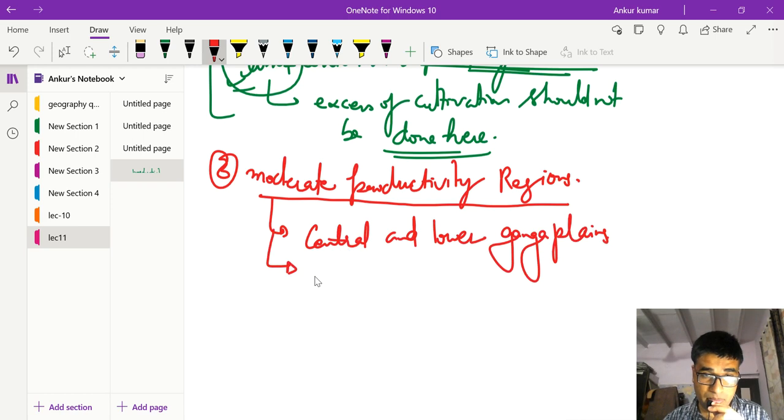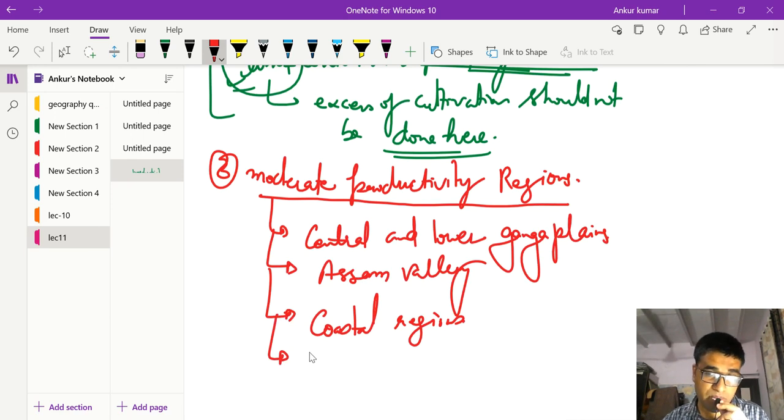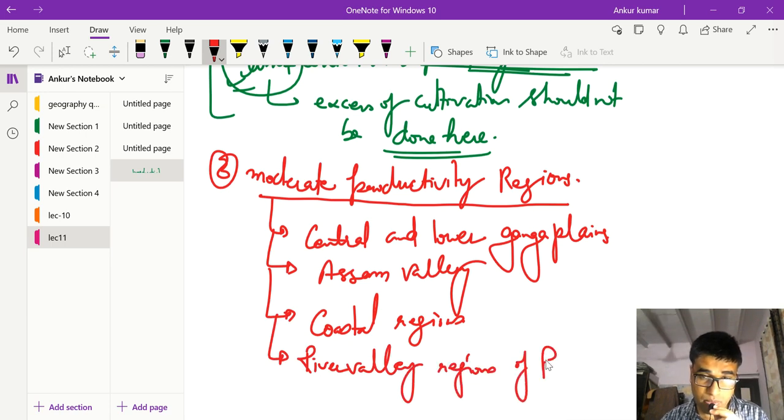the Assam Valley, coastal stretches, and the river valley regions of the peninsular streams.